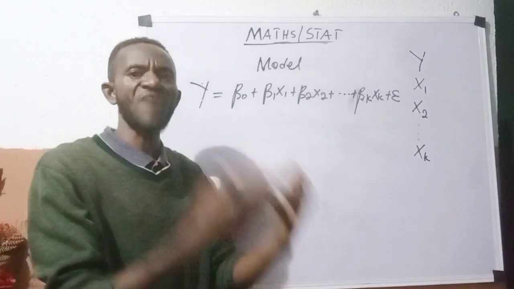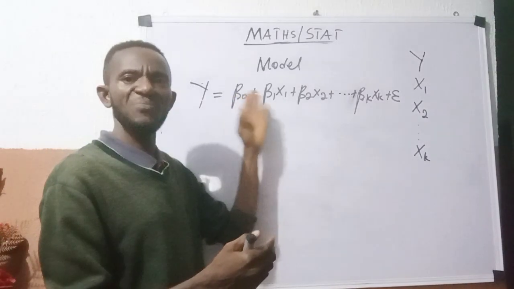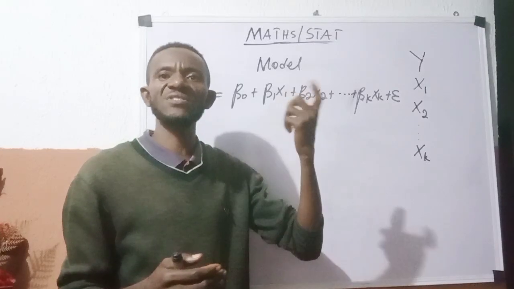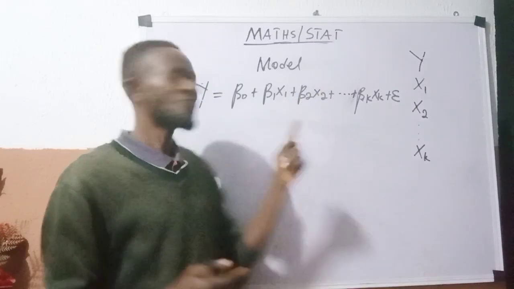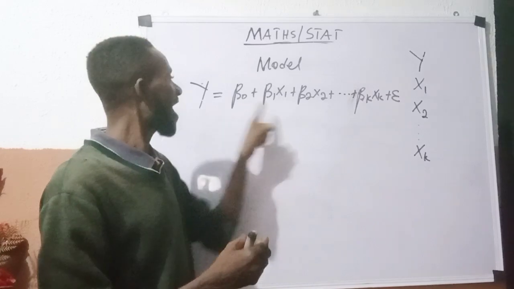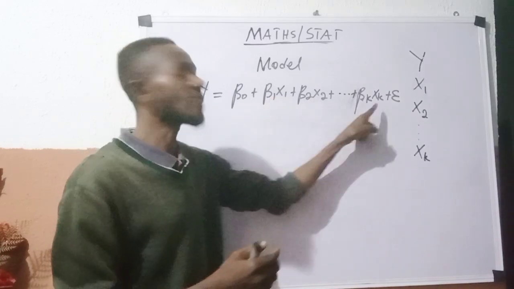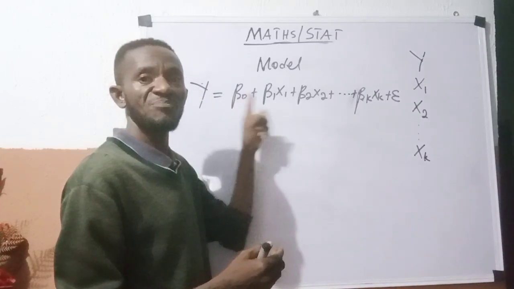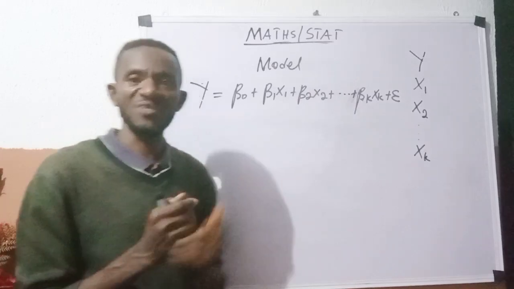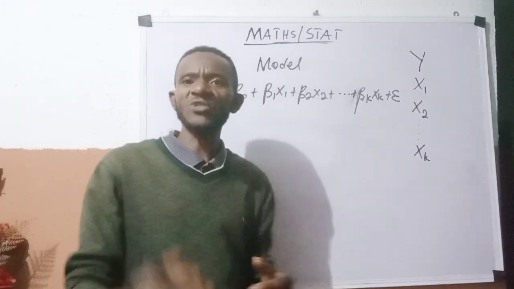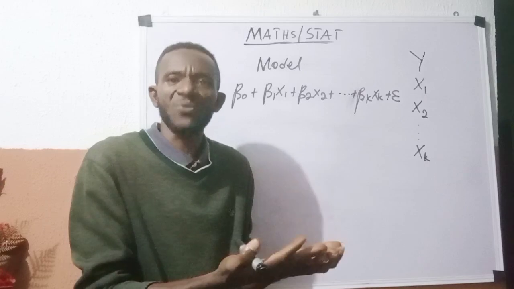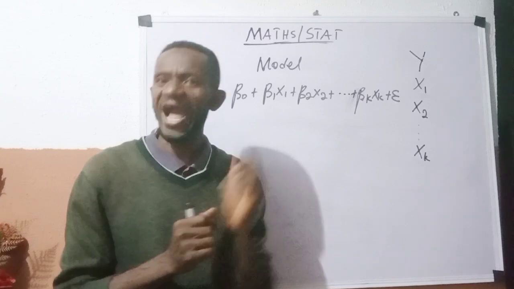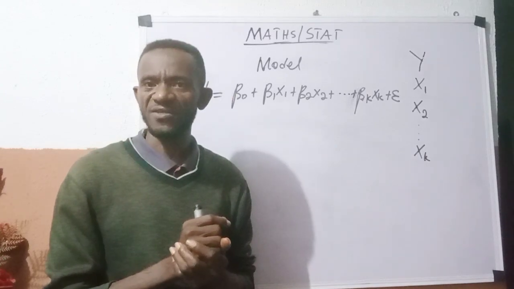So for us to know the true values of beta 0, beta 1, beta 2 down to beta k, we are going to take samples or observations from the dependent variable Y and the independent variables x1 down to xk in order to estimate the values of beta 0, beta 1, beta 2 down to beta k. And because we are calculating their values from the sample, we will be talking about the estimates of these values and no longer their true values.